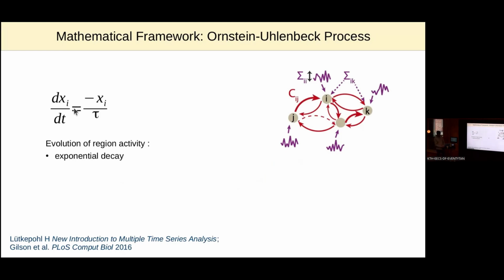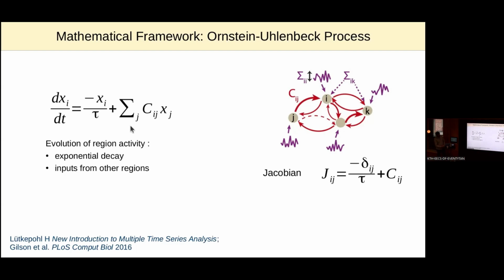So it's in fact a simple dynamic process. It's the Ornstein-Uhlenbeck process. You've got the derivative of the activity for each region corresponding to an exponential decay governed by this time scale tau, something that we saw already yesterday when talking about the time scale. But this model is a network model.